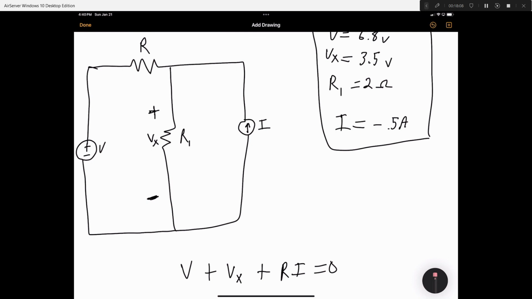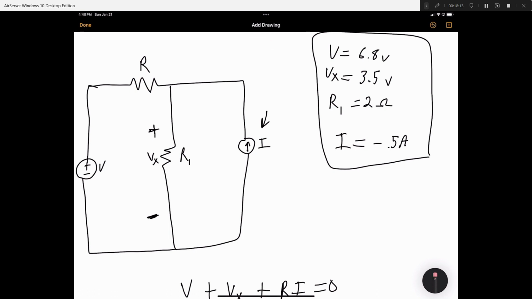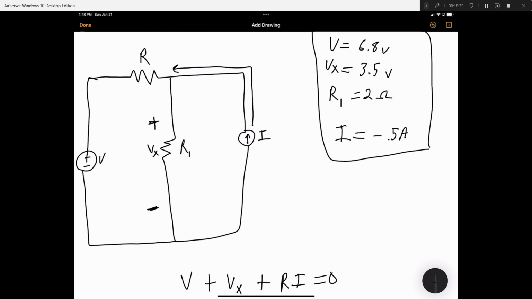So we know this amp source here is traveling up and through here, which is negative. But we need to find the current somehow. Well, there's one way to find the current.